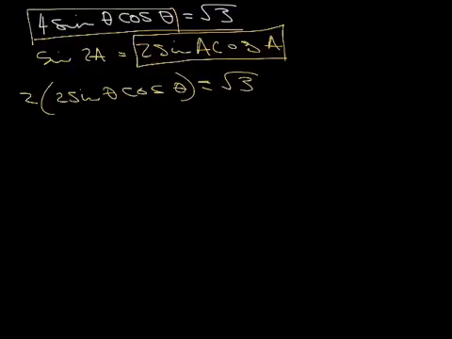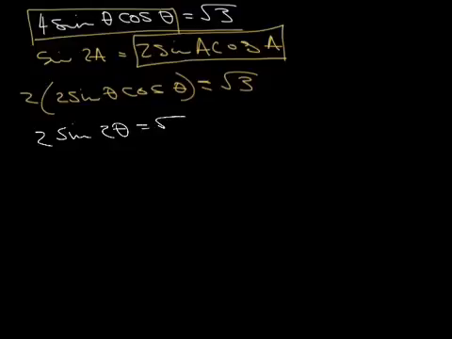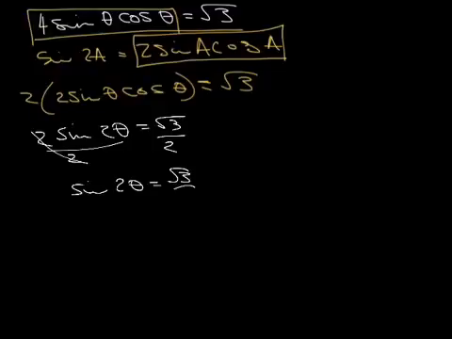So then we're going to replace this, because it equals that, with this. So we're going to rewrite that as 2 sine of 2 theta equals the square root of 3. Divide by 2, cancel. So I have the sine of 2 theta equals the square root of 3 over 2. That makes life look a little bit better.